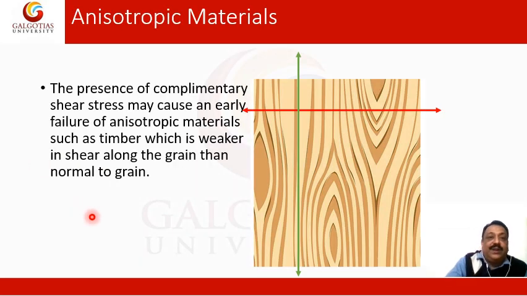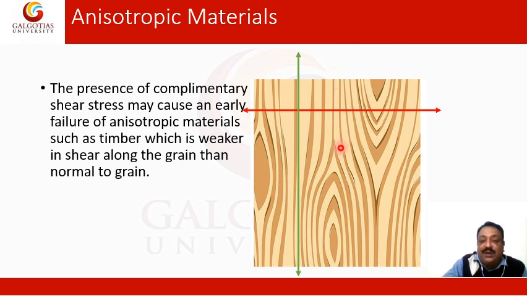Now, one important property. The complementary shear stress may cause an early failure in anisotropic materials such as timber, which is weaker in shear along the grain than normal to the grain. So you see the red line. If you try to cut the timber perpendicular to the grain line, then it is difficult to cut.